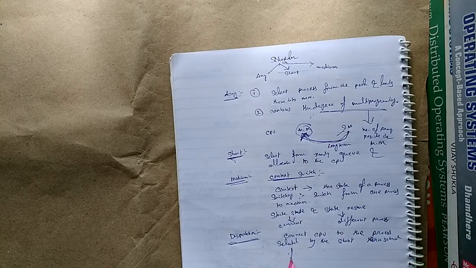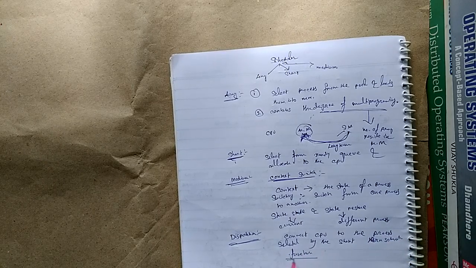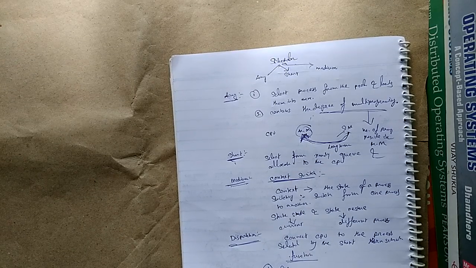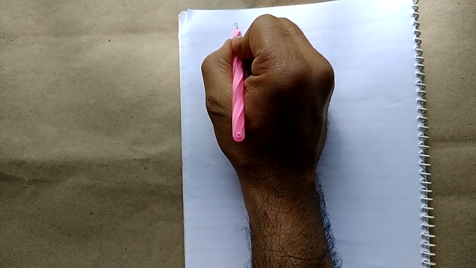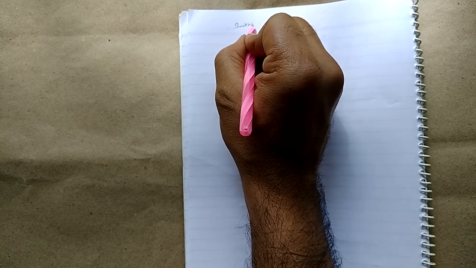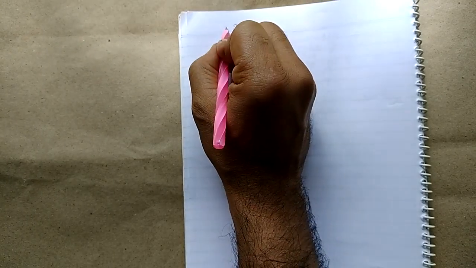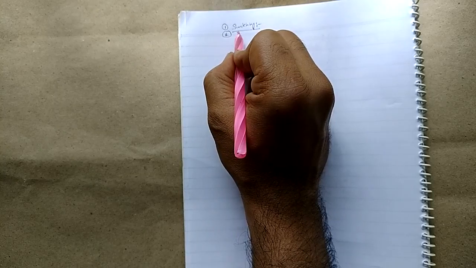The dispatcher has two primary functions. Number one is switching and number two is jumping.